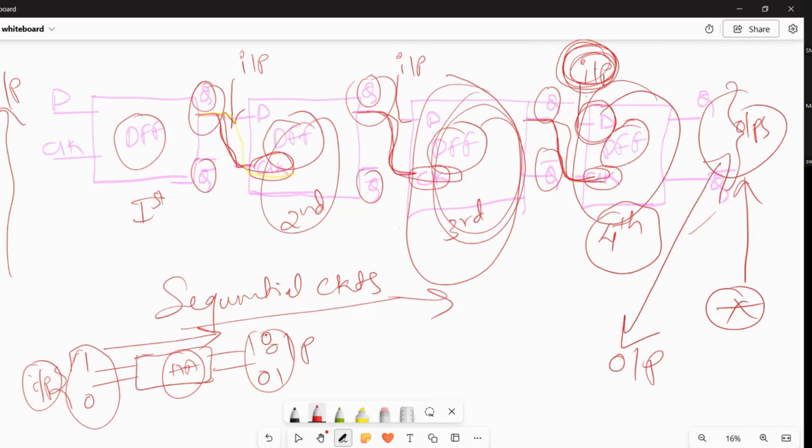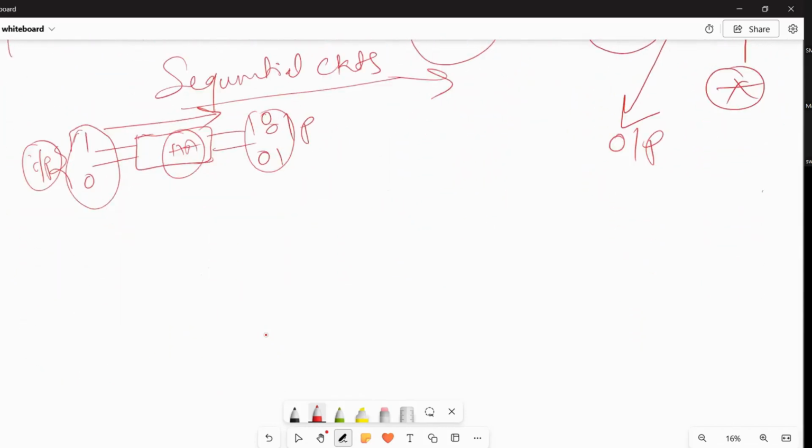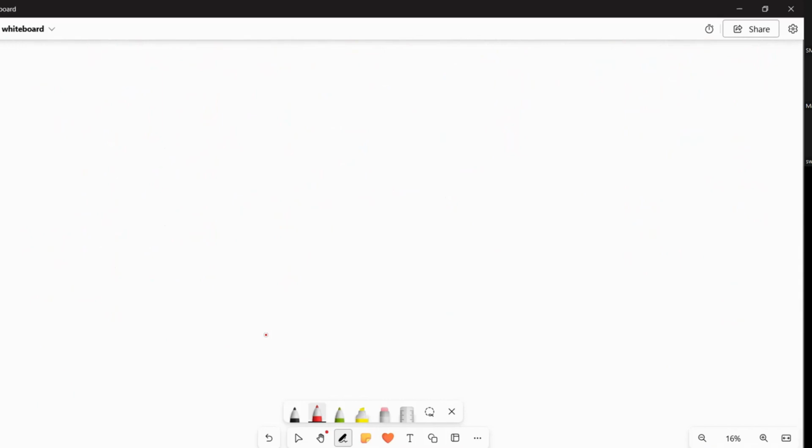Why? Because all are interlinked. The Q output is given to the clock input of the next flip-flop. Cleared? This is the main difference.